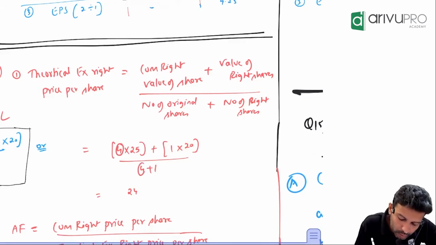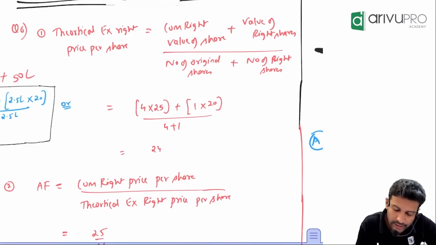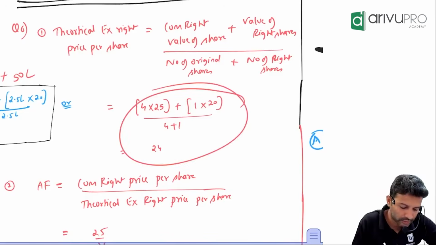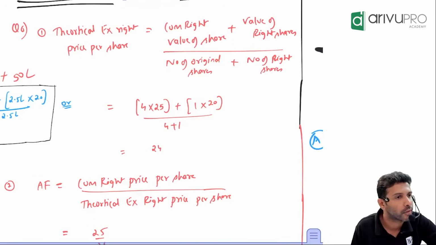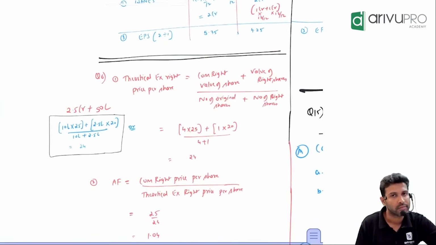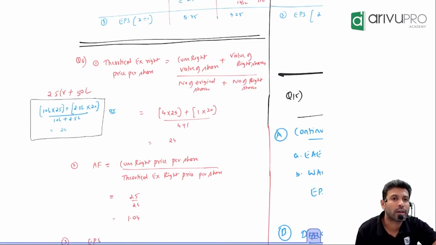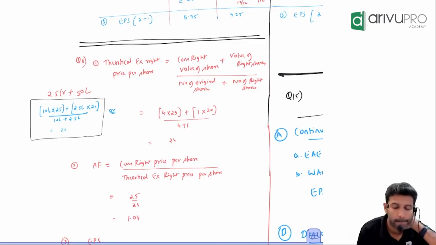Divided by number of original shares 4 plus number of right shares 1. This also you can calculate, you will get the same answer. Do it at total level or take this ratio and work it out, you will get the same answer. Whichever way you are comfortable, both we have applied in regular class. First, formula's numbers. Okay. Need a minute?